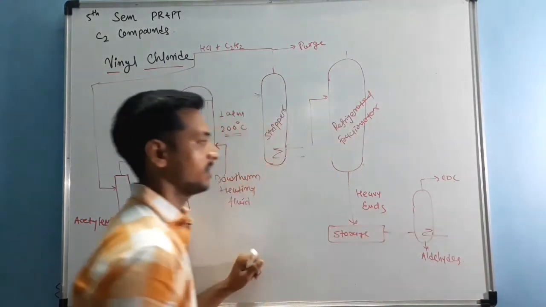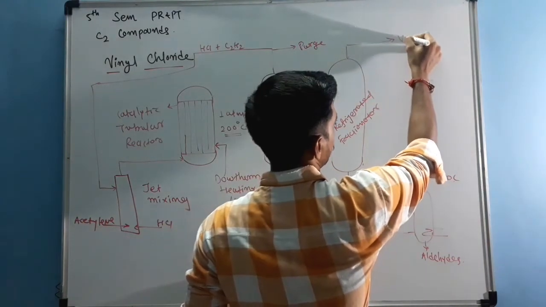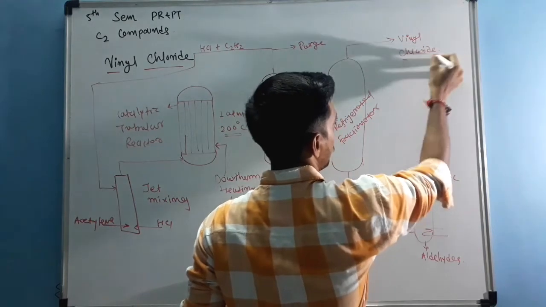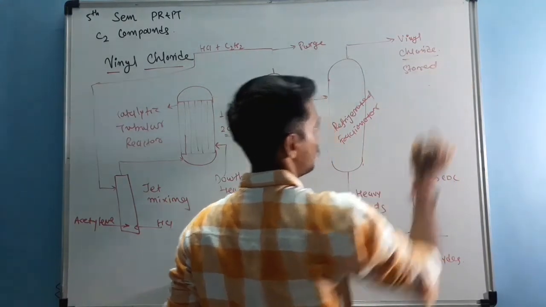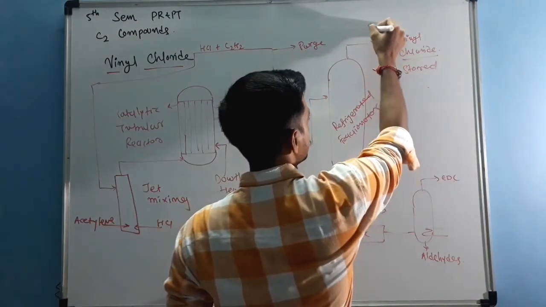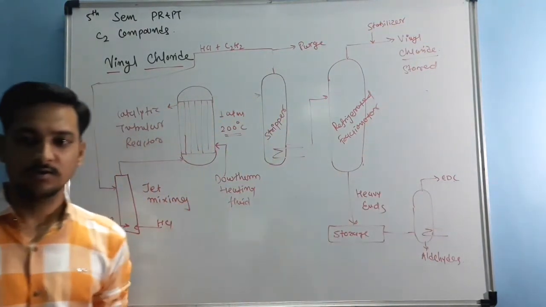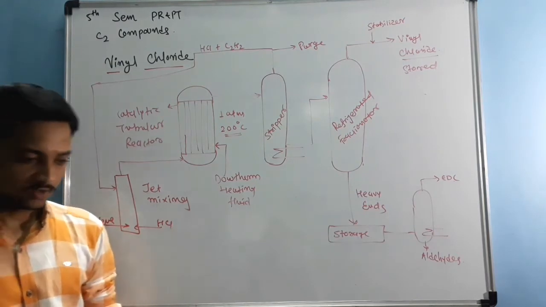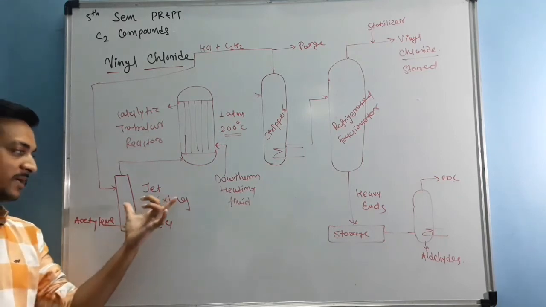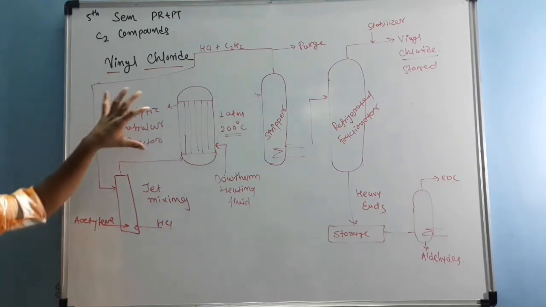Okay, from the top of the fractionator our product vinyl chloride is taken and stored, but before taking it out we have to use a stabilizer to stabilize our product.